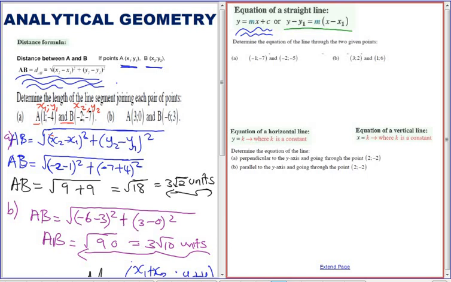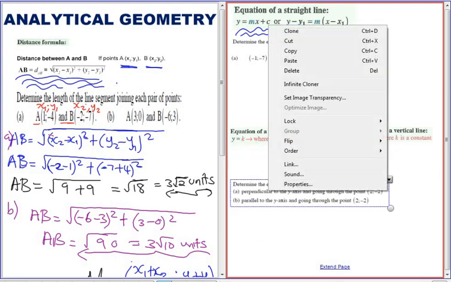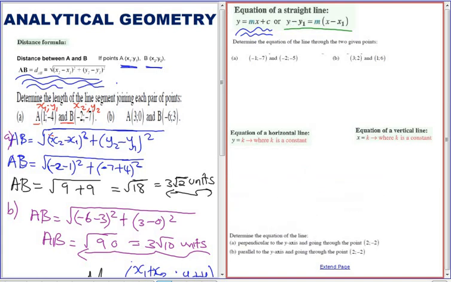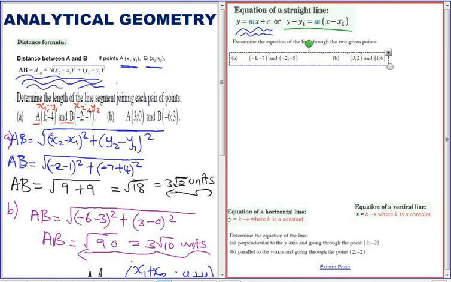But whichever equation you decide to use, you will realize that both of them require that you get the gradient first. After you get the gradient, then you can calculate the c value. Well, so we want to determine the equation of the lines that pass through these coordinates.